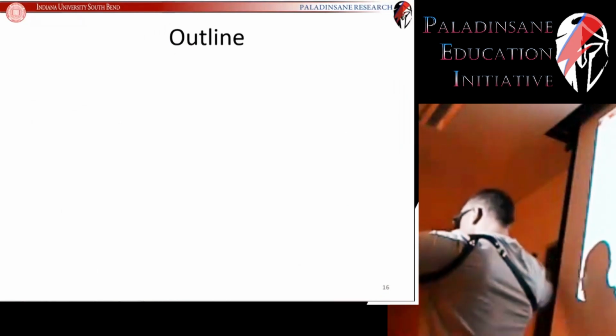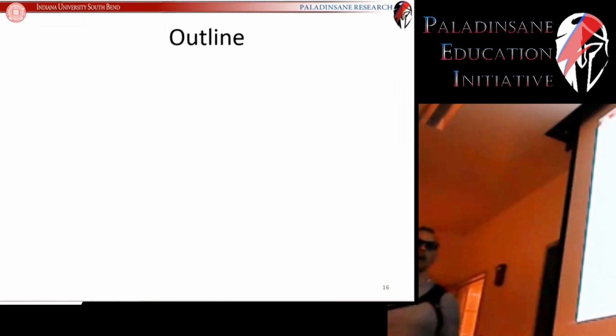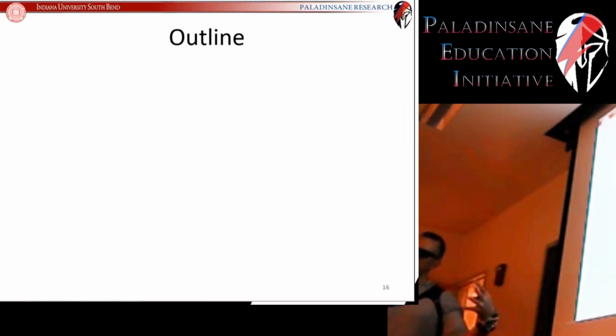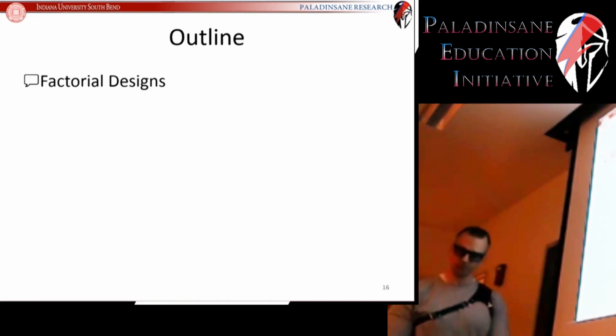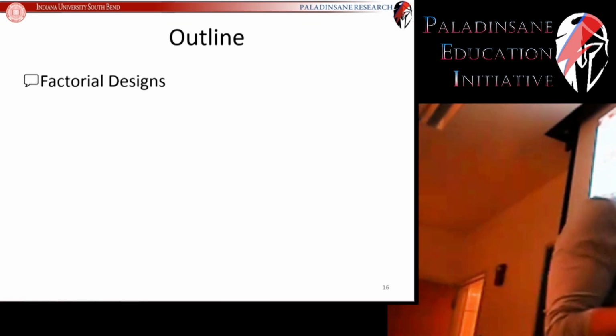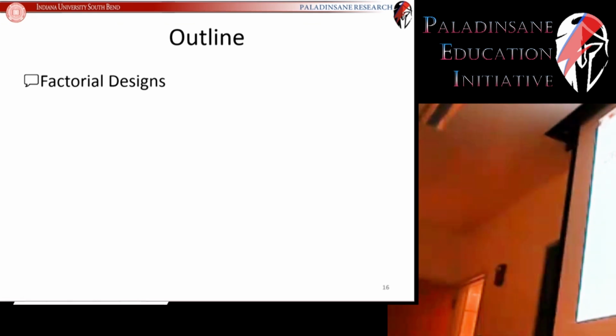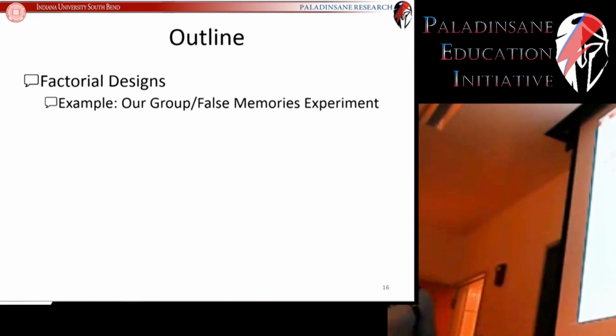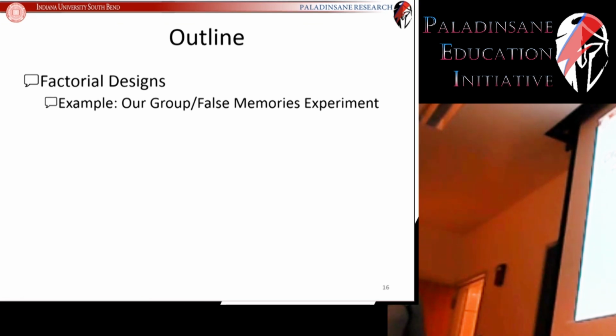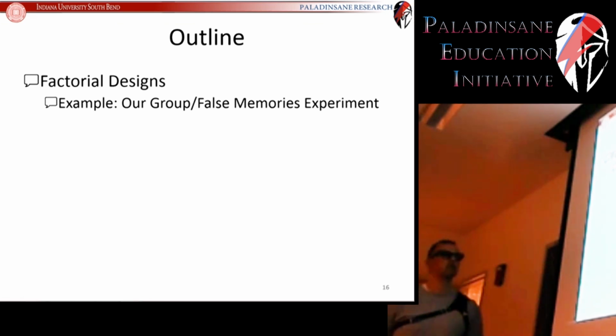So that's the general goal of what we're going to be looking at: real psychology questions that use complex designs to answer those interesting questions. We'll start off with a look at factorial designs.